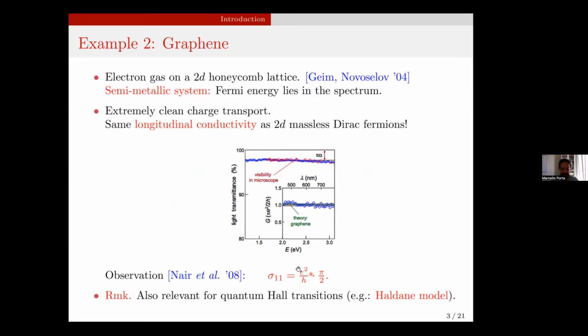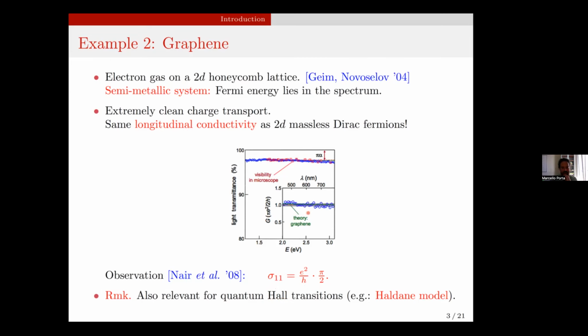Again, we have a transport phenomenon which seems to only depend on fundamental constants. This time the quantization is not an integer, but it's pi over 2. So this is about graphene, and again, this is not an insulating material. It has conical intersections, and in fact, this transport phenomenon turns out to be relevant more generally for quantum Hall transitions, where gap closure happens with conical intersections.